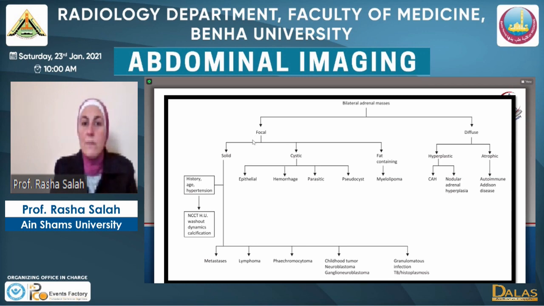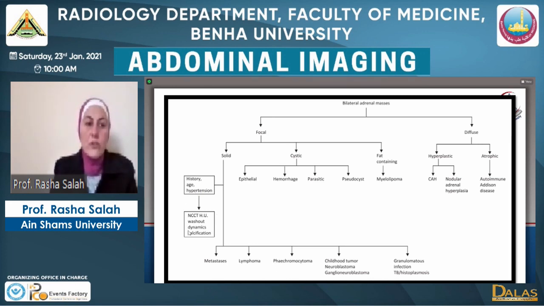What about focal bilateral adrenal masses? If it has a fat-containing appearance, then we are dealing with myelolipoma. If it has a solid component, then we need a proper history, especially of hypertension, to exclude paragangliomas and pheochromocytoma.